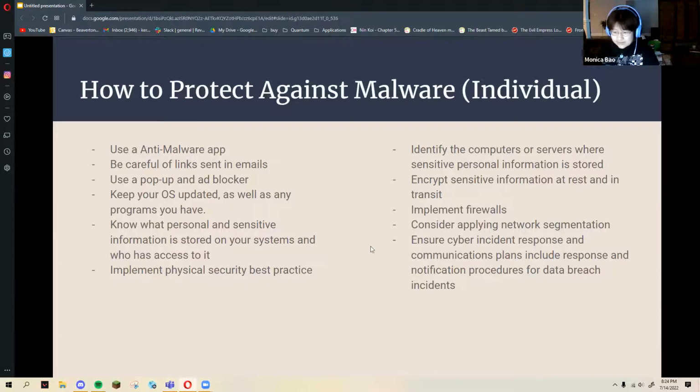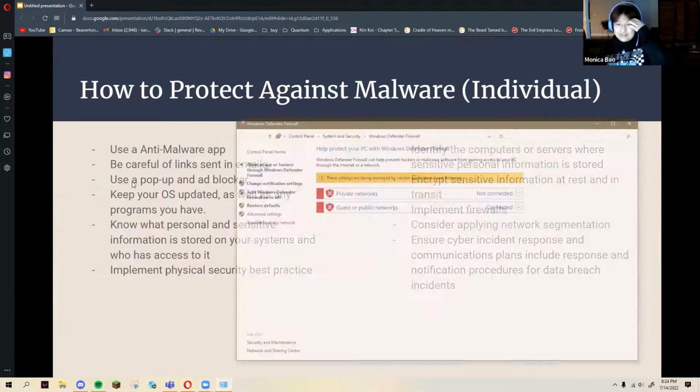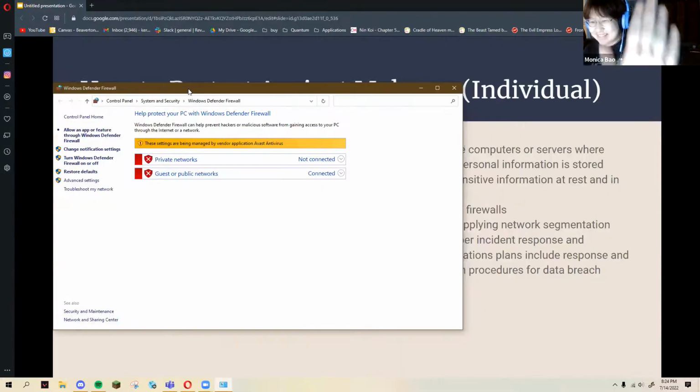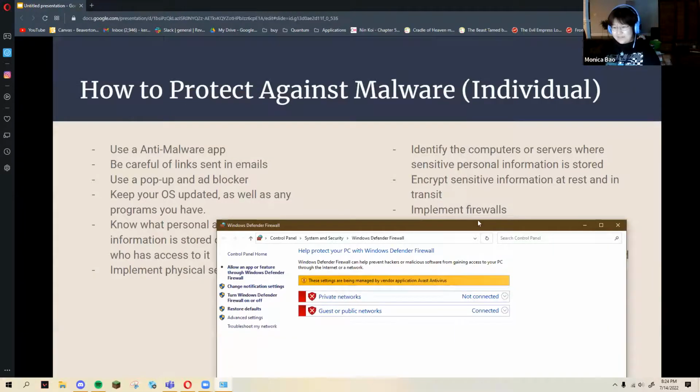I forget what number this is, but the next one is implement firewalls. I'm sure you've all heard of a firewall before. The only reason it says it's not open is because I have a different program. I promise I have my firewall on. This is not the real me. Implementing firewalls, I'm sure you've heard of the firewall that surrounds China that blocks Google, Facebook, all of that stuff.